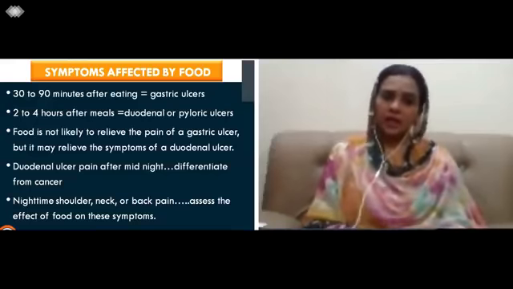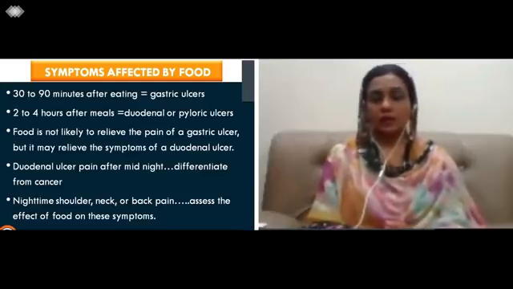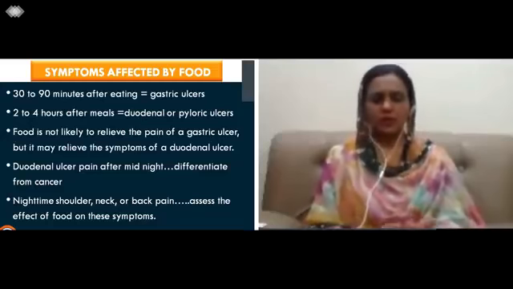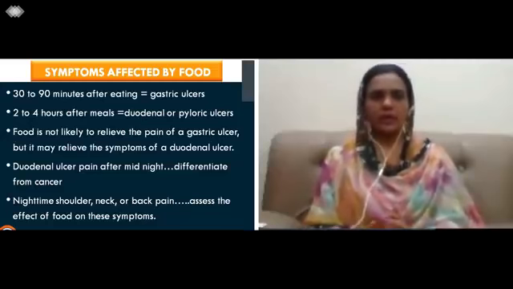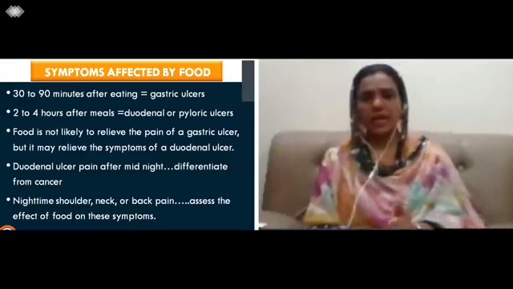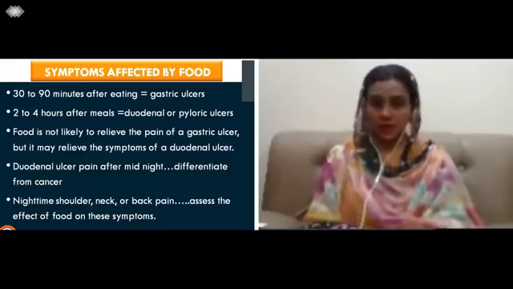Then, as we said, duodenal ulcer has a time lag of 2 to 4 hours. So that's why duodenal ulcer pain is mostly experienced after midnight, because usually the patient takes the meal, let's say somewhere before sleeping, and then at midnight the patient will be experiencing the ulcer pain.